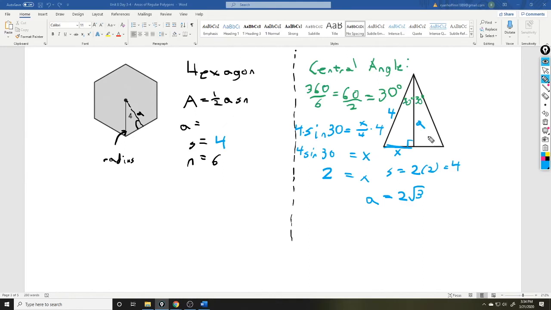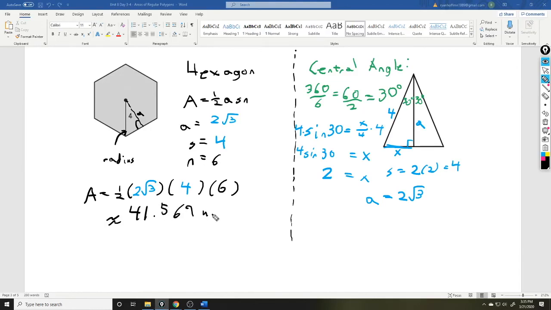You should have used cosine because this is your adjacent. So now all we have to do is plug our numbers into the formula. Again, the exact answer is 24 square root of 3, but I'll go ahead and give you the rounding. 41.569 units squared.